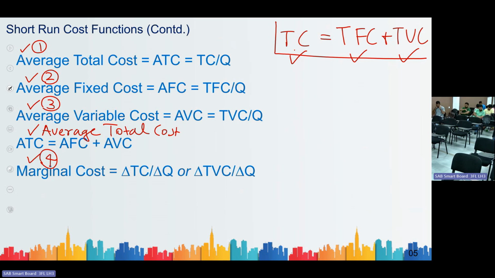We calculate average total cost based on total cost. Average is total cost divided by output.